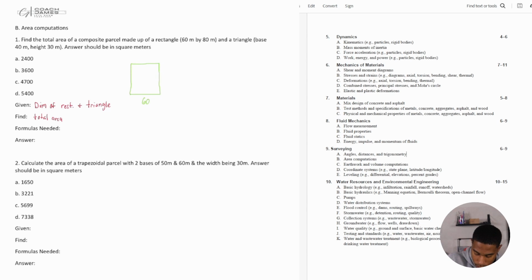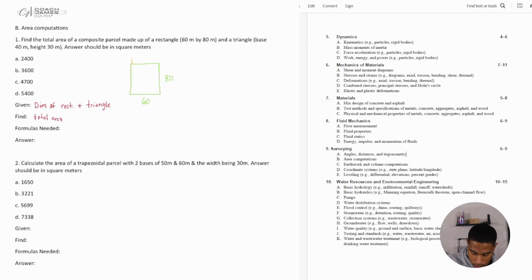All right, so this is my 60 by 80. And there's also a triangle attached to it. That is, the base is 40 and the height is 30.